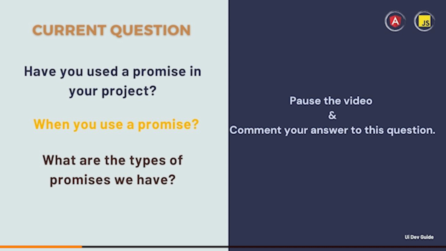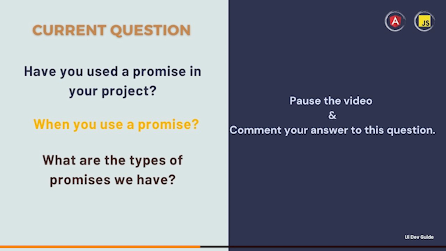So we want to get data from somewhere, or do some transformation on our data, and we want our code to wait for that transformation and then carry on with the execution. At that point we are using the promise.